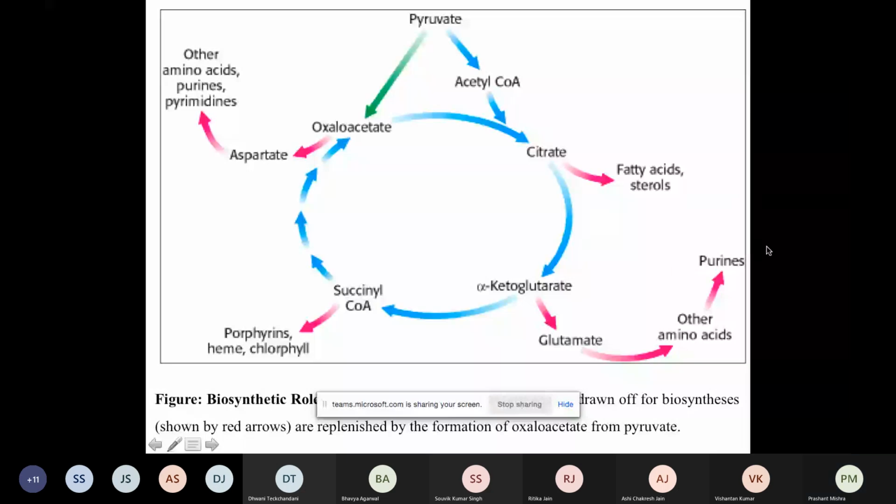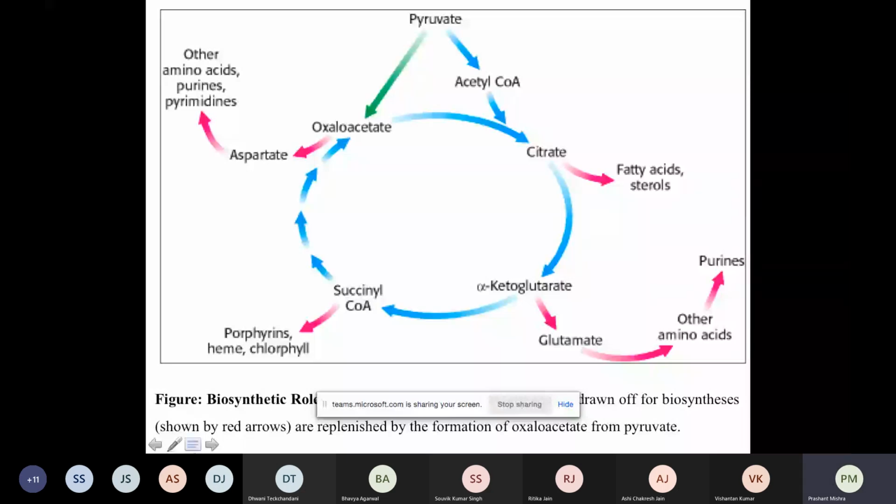What are purines? Here I have written pyrimidines as well, purines and pyrimidines. These are bases which are responsible for the synthesis of nucleic acids. So in nucleic acid, you have the purine and pyrimidine bases, and these can also be synthesized from intermediates of the TCA cycle.